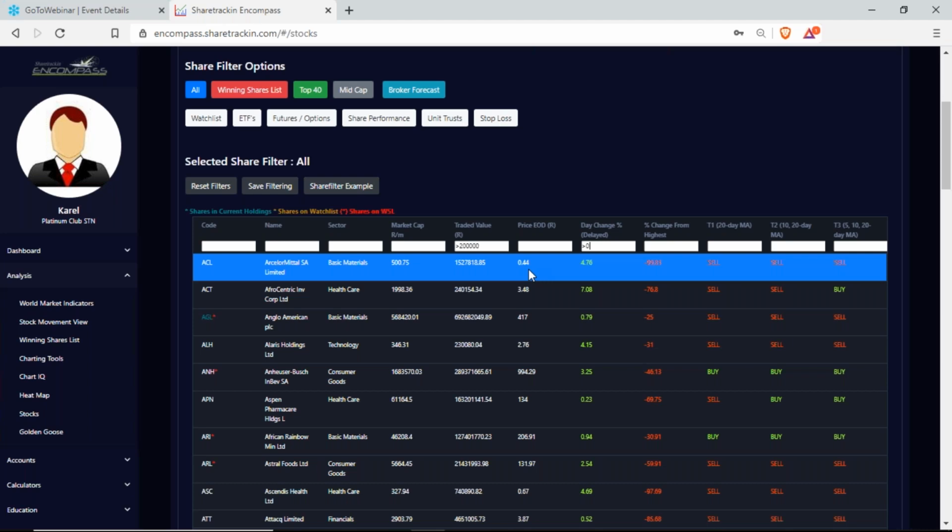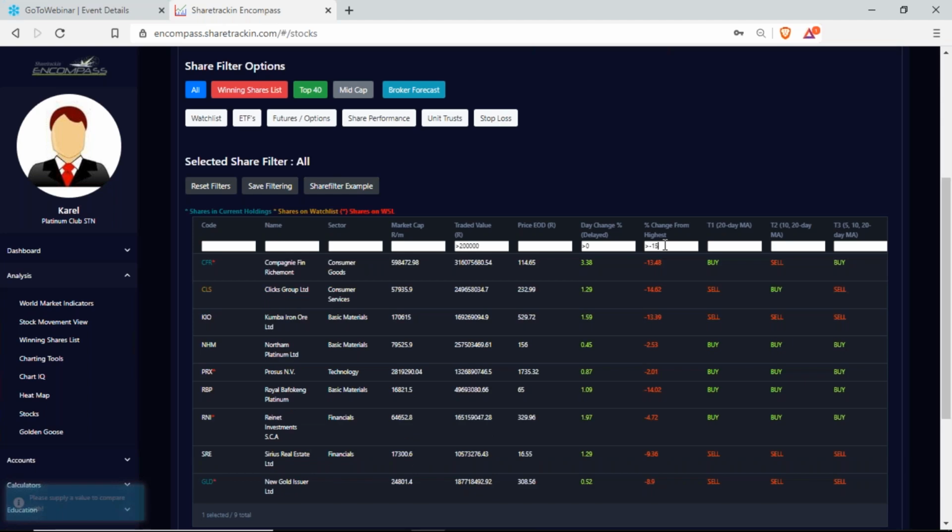Because it has fallen all the time since 2008 up until now. That's 12 years that this share has been falling. So I don't want to look at shares like that. Underneath my percentage change from highest, I insert greater than minus 15. With those three values inserted, immediately I go through these filters all the time.